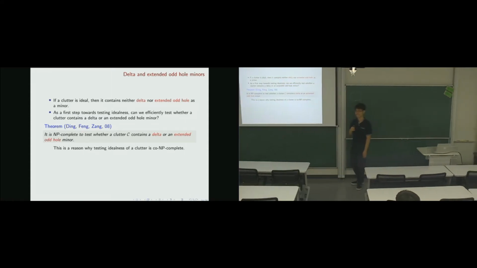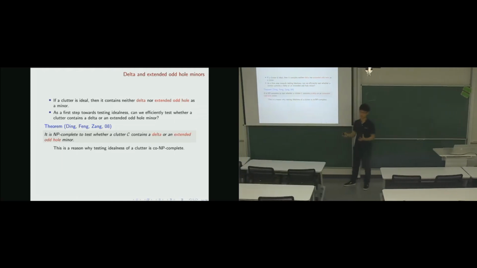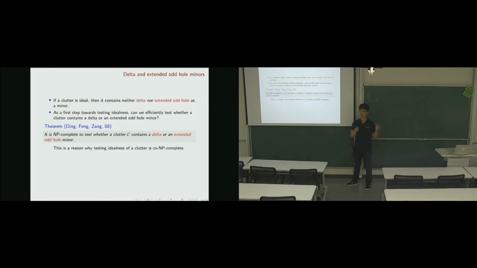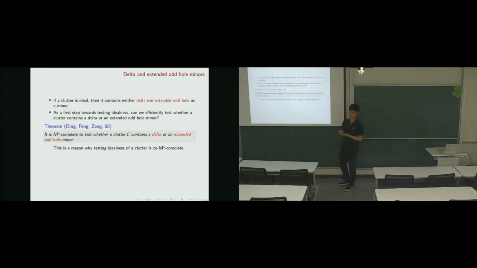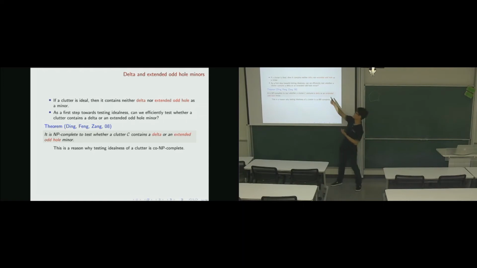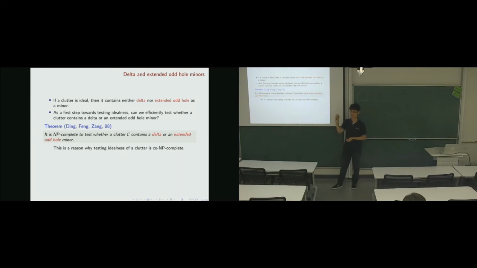The graph is given as a graph, and then you construct the clutter as an incidence matrix of this graph. So this is the reason why these two minors are sort of bottlenecks for understanding idealness.